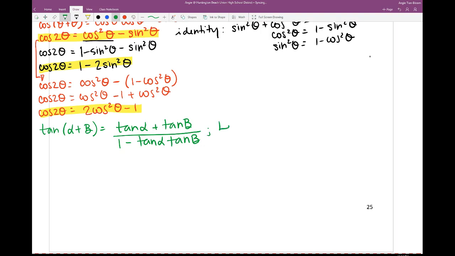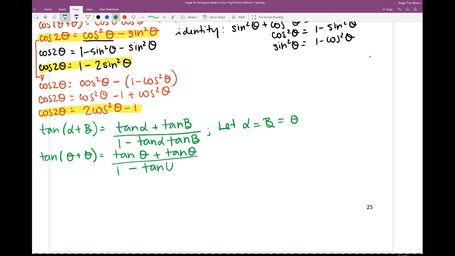And again, let alpha be exactly the same as beta, which let's call it now theta. So tangent of theta plus theta is tangent of theta plus tangent of theta all over 1 minus tangent of theta times tangent of theta.